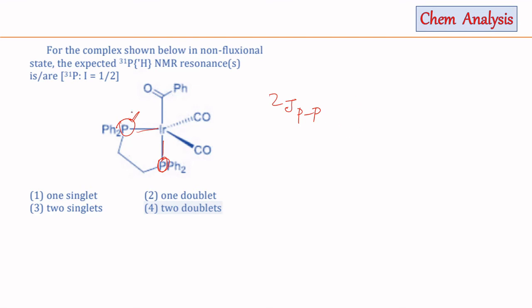And since there is one phosphorus atom, if we number this one A and this one B, then for PA there will be 2nI plus 1 lines in the spectrum.